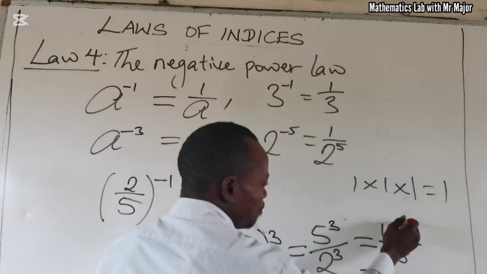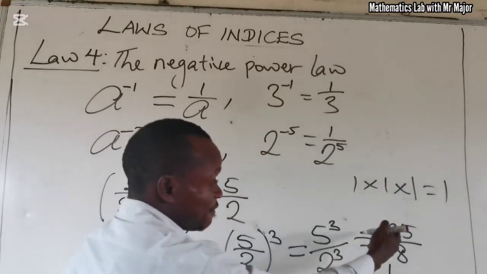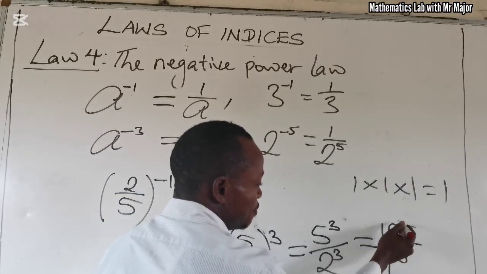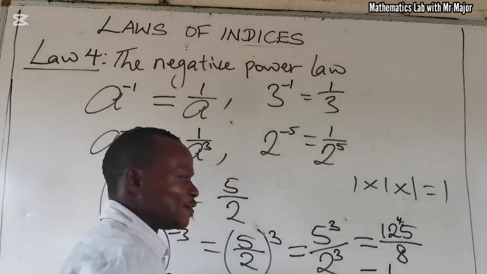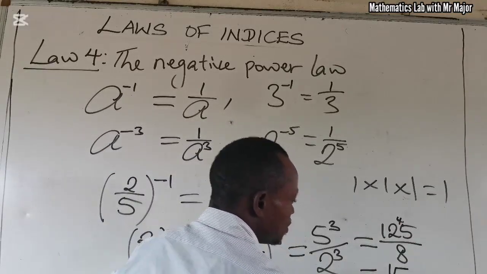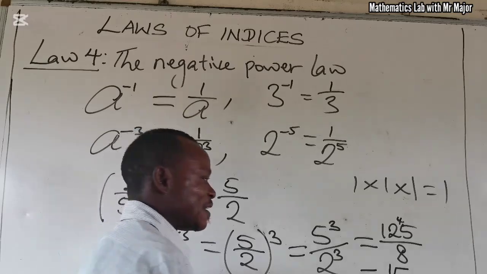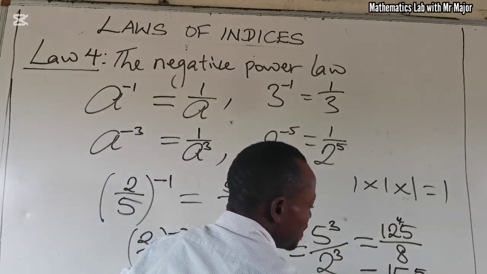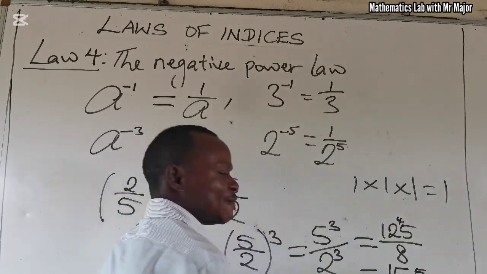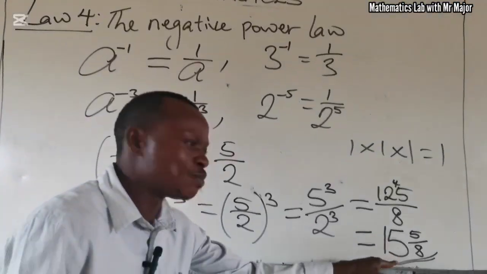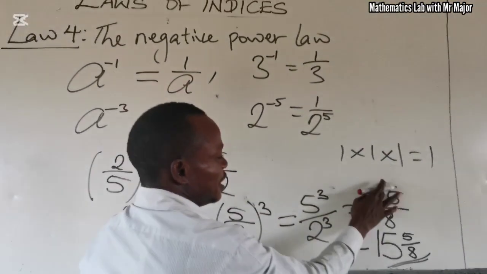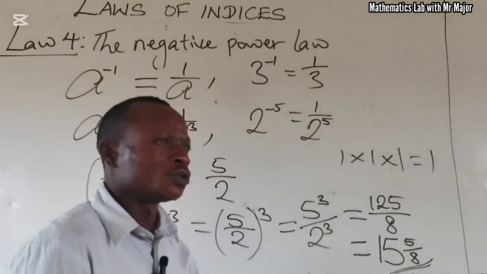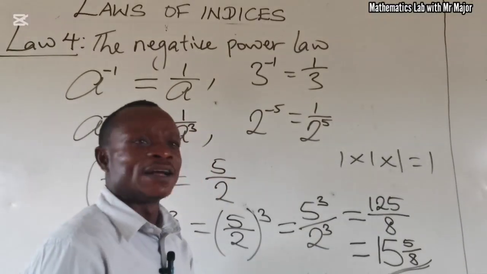We bring it here, that will become 45. And 8 divided by 45 will give us 5, and we will have a remainder of 5. That is 15 whole number, 5 over 8 as your final answer, if expressed as a mixed number, or if expressed as an improper fraction, 125 over 8.